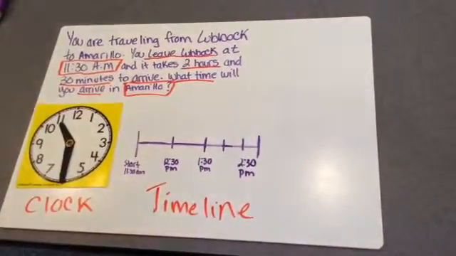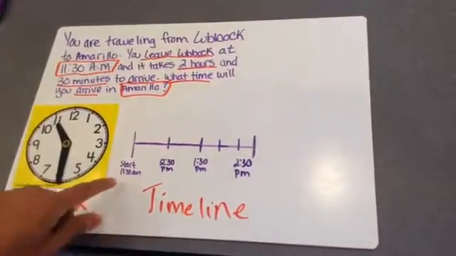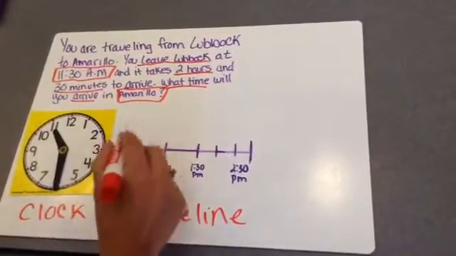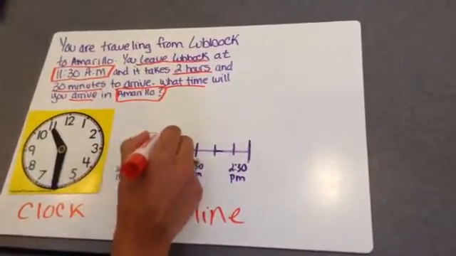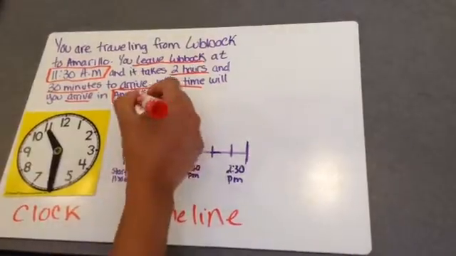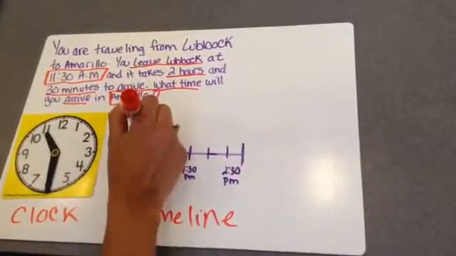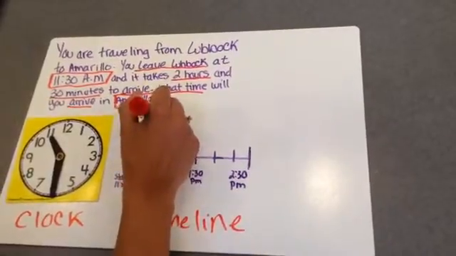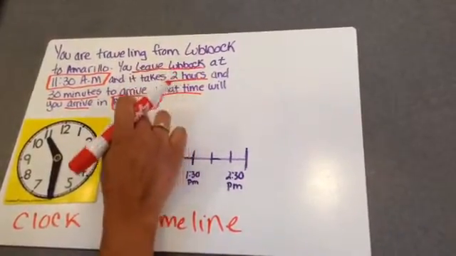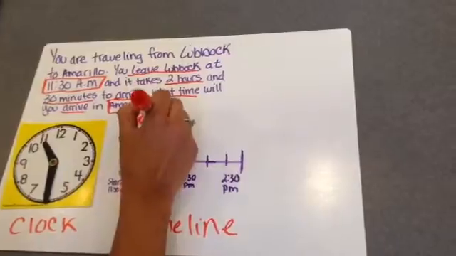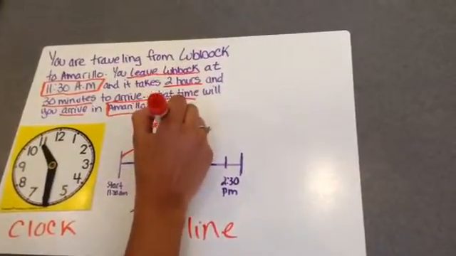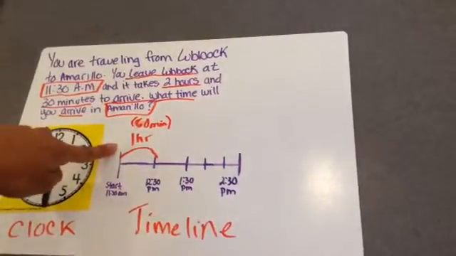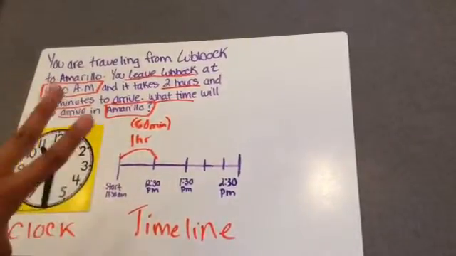So we know that on these intervals, looking at 11:30 to 12:30, from here to here, that represents 1 hour on the clock, or 60 minutes. Okay, so here's 1 hour, and we're looking for 2 hours.